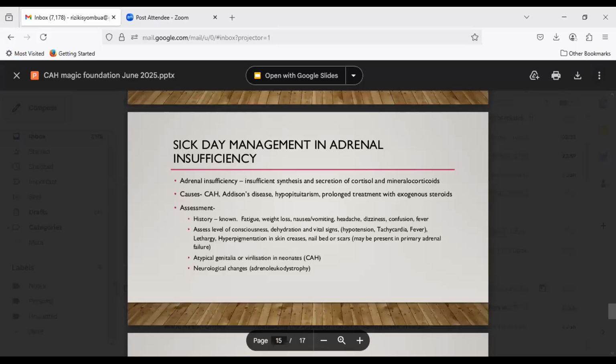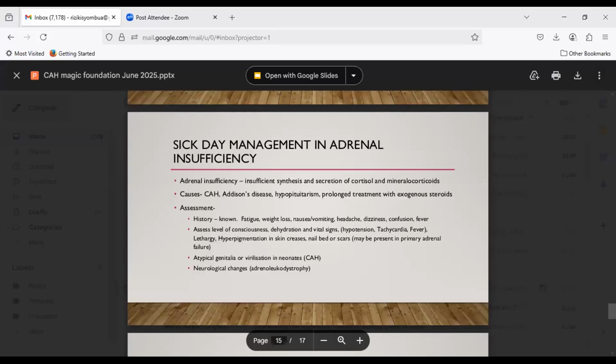Check for hyperpigmentation of the skin, and this is usually caused by ACTH. If you are not secreting enough cortisol, there is no feedback, so ACTH will be high, and that will cause hyperpigmentation of the skin, especially on the creases, nail beds or scars. Then, if they have atypical genitalia or virilization, you suspect CAH.